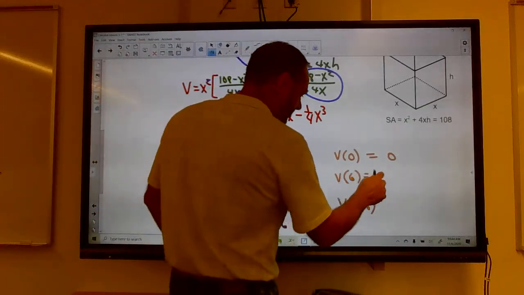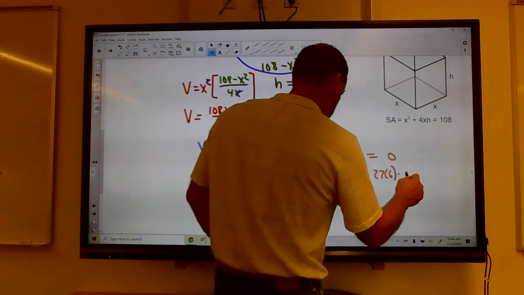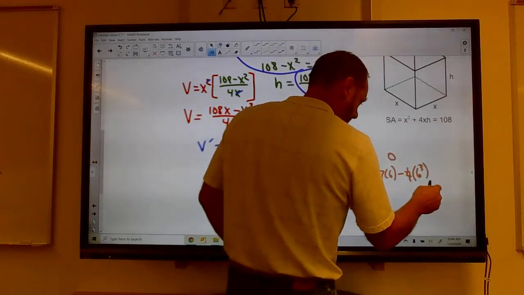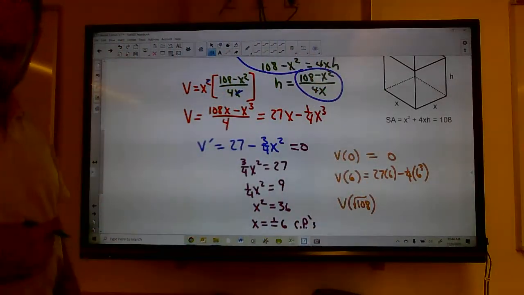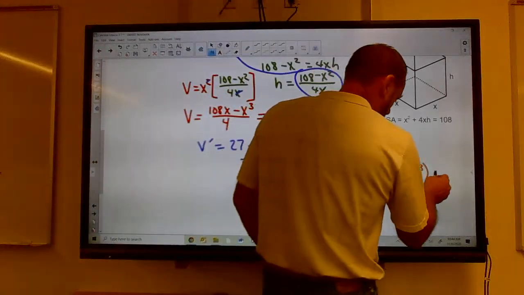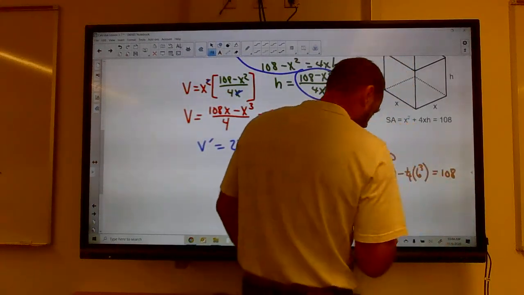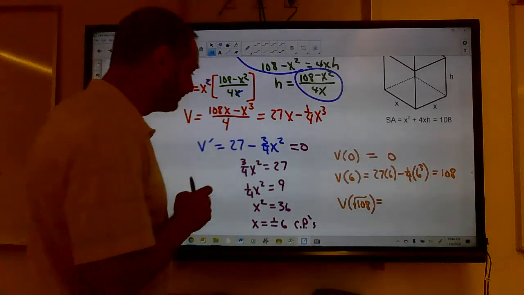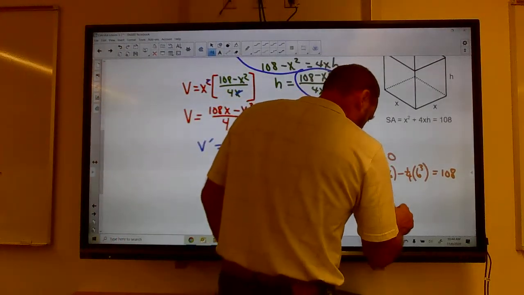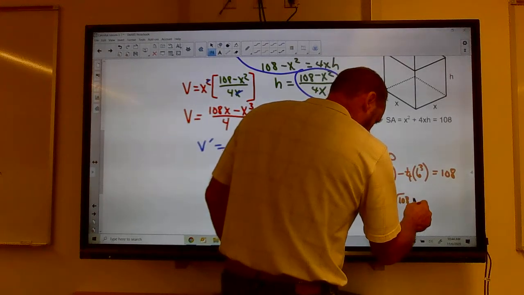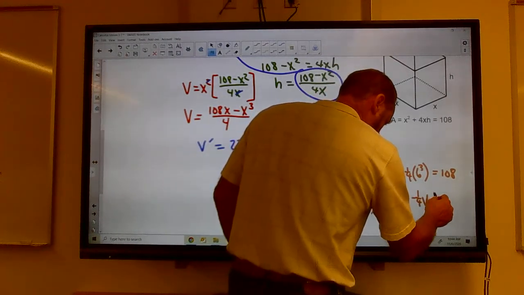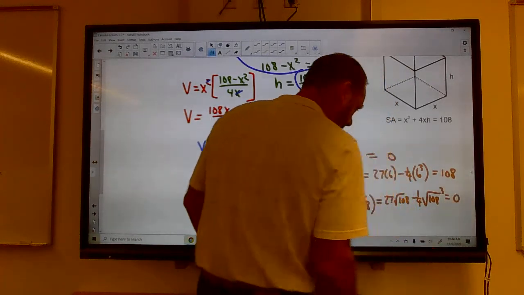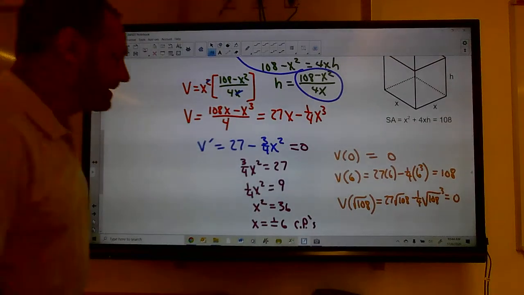When I plug in 6, I get 27 times 6 minus 1/4 of 6 cubed, and that comes out to be 108. And then if I put in the square root of 108, that's 27 times the square root of 108 minus 1/4 times the square root of 108 cubed, and that also comes out to be 0. So here's my maximum right here.